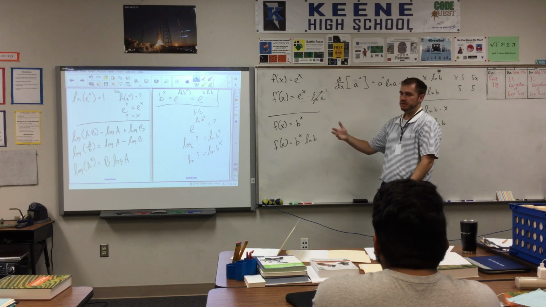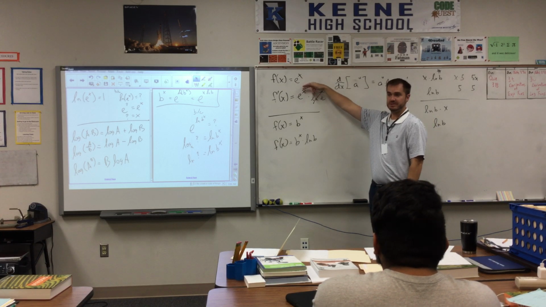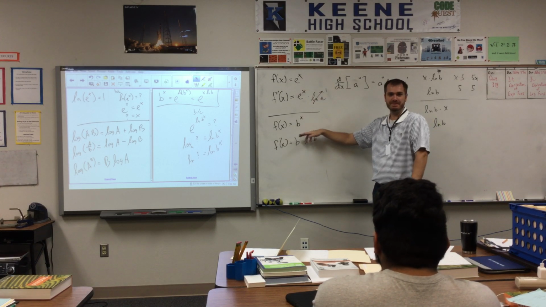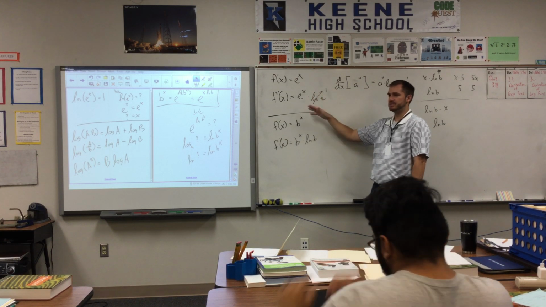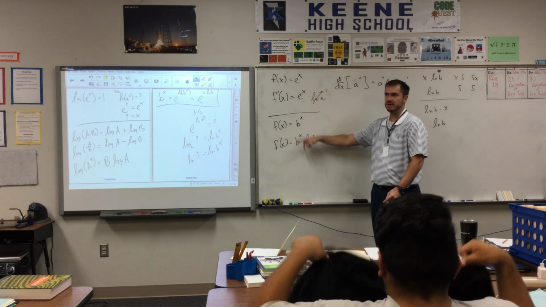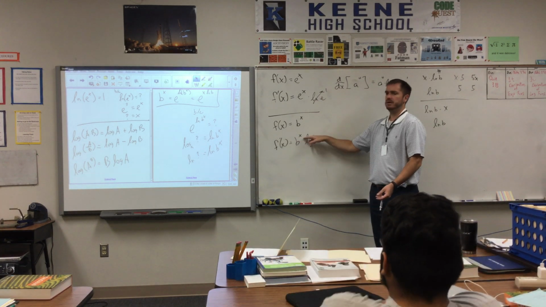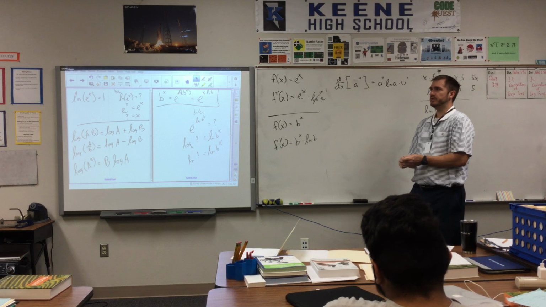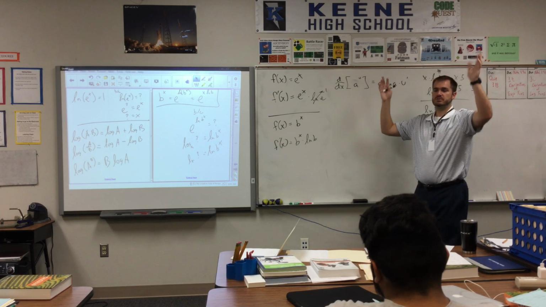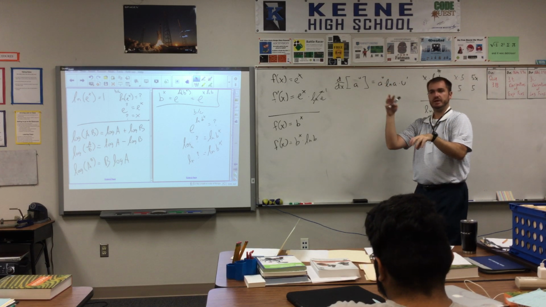However, if you're like me, I actually remember this more than this. So I just remember that the derivative of e to the x is e to the x, and the derivative of any other base to the x is like e to the x, but I have to multiply by something, ln b. Generic is sort of like more general, like the word person rather than the word detective.